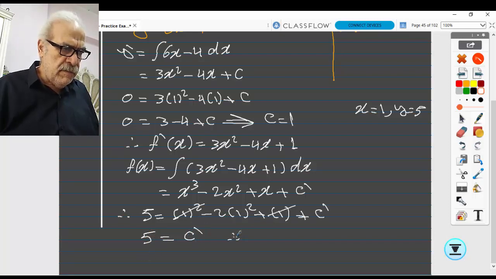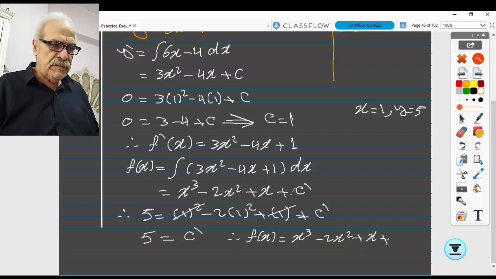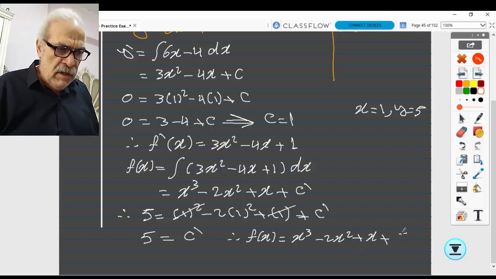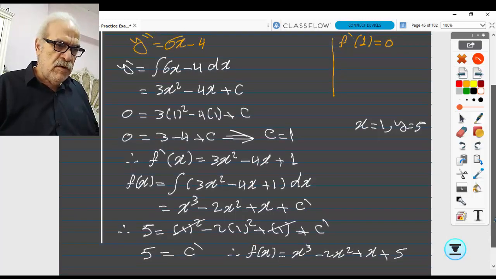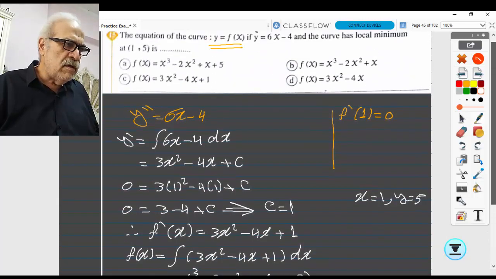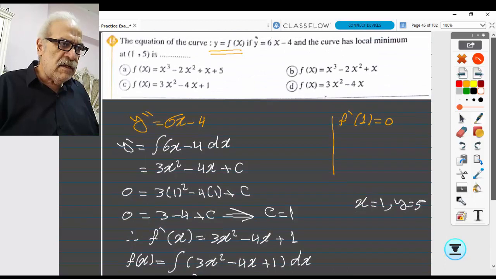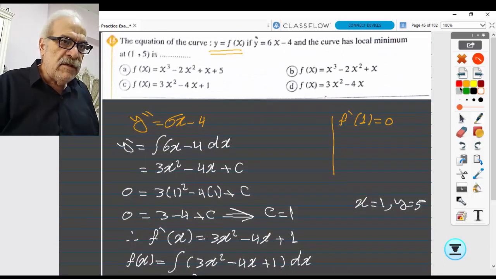It means f of x equals x power 3, minus 2x squared plus x plus c dash, which equals 5. And this result, x power 3 minus 2x squared plus x plus 5, is at letter A.